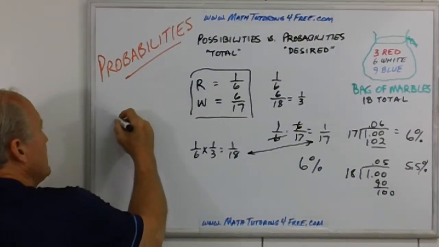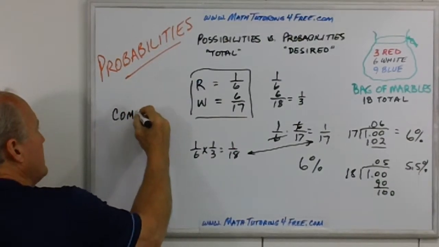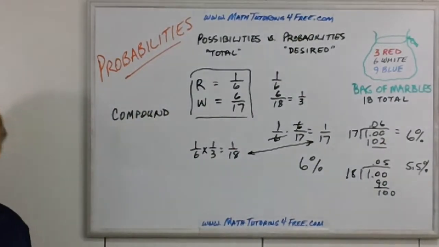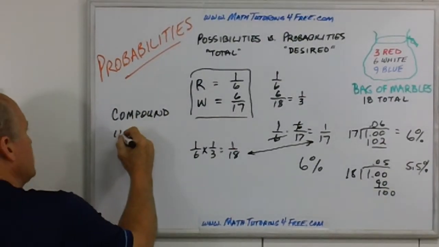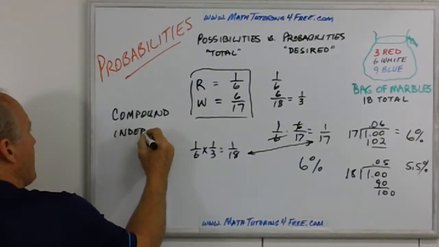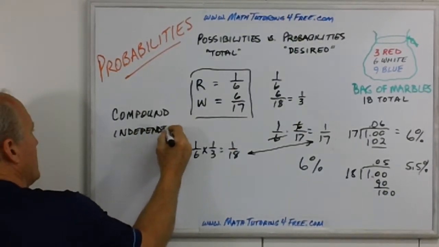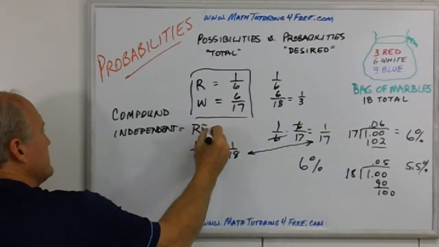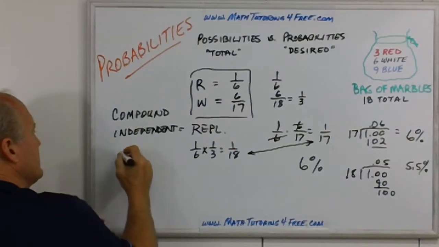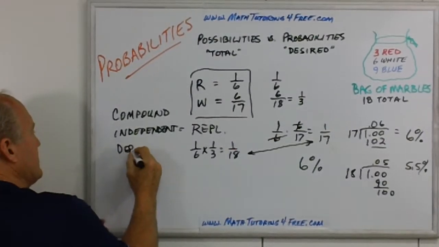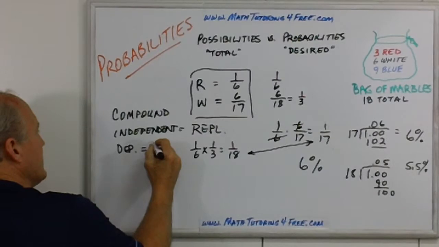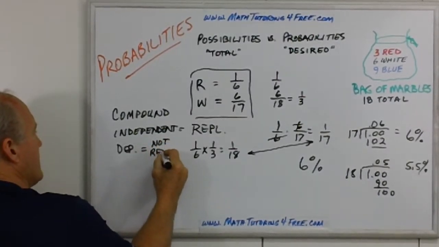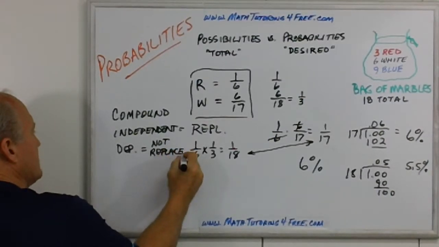And also recognize the compound event is more than one, and if it's independent, that says it's been replaced. We replaced it. If it is dependent, then we say we did not replace. Okay, so understand those terminologies.